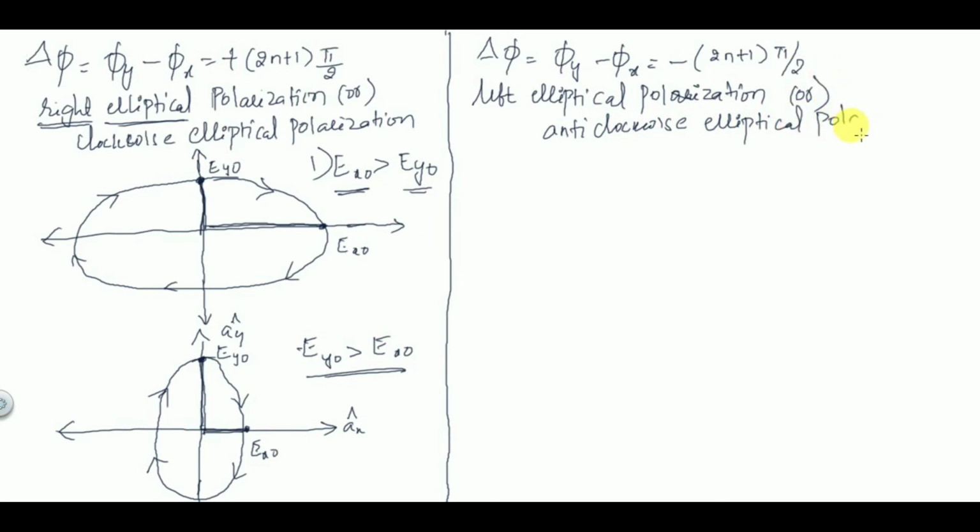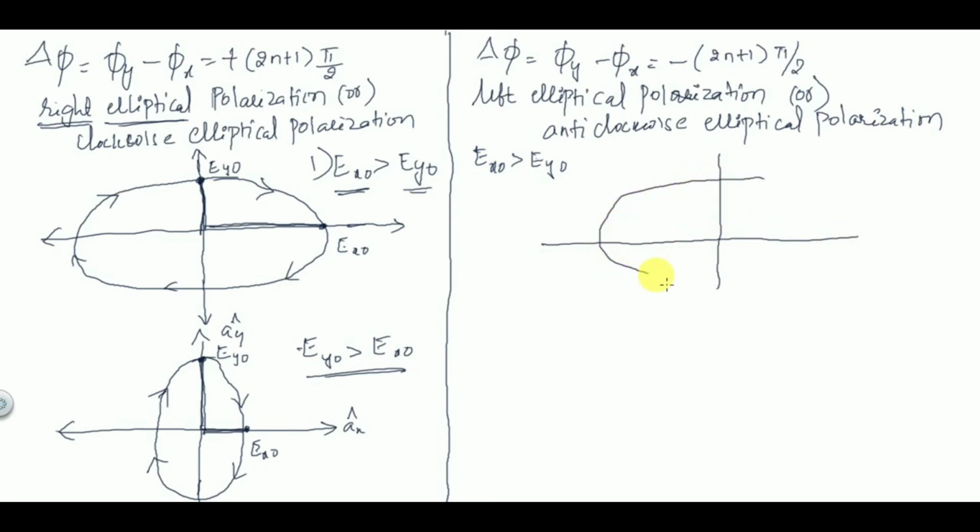And again you have two cases. When Ex0 is greater than Ey0, the locus will be of the same shape, but the movement of the points will be in the anti-clockwise direction, like this. That is why it is called left elliptical polarization.